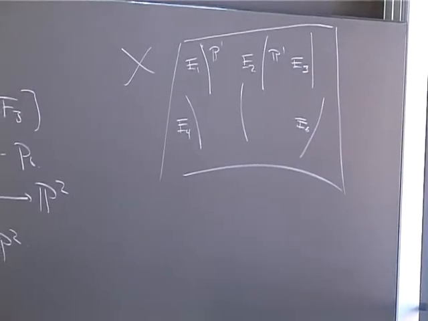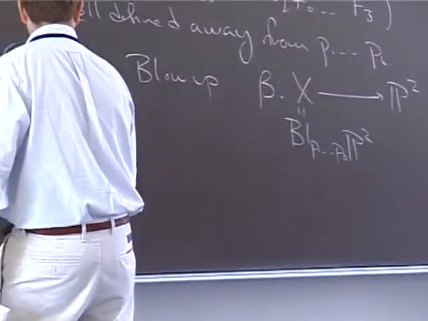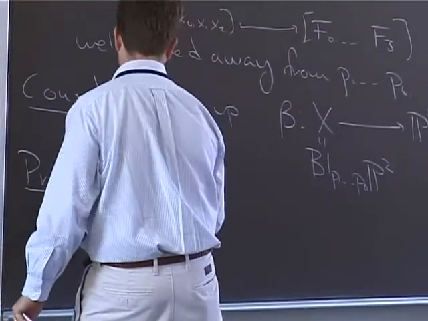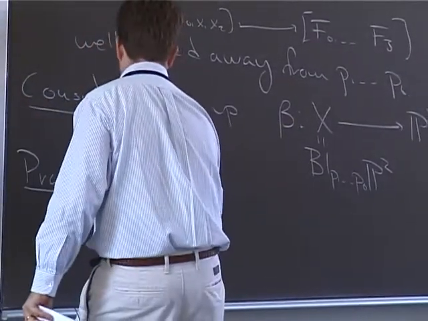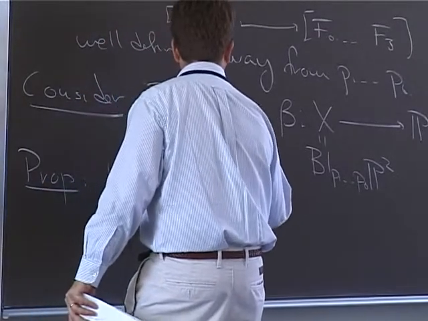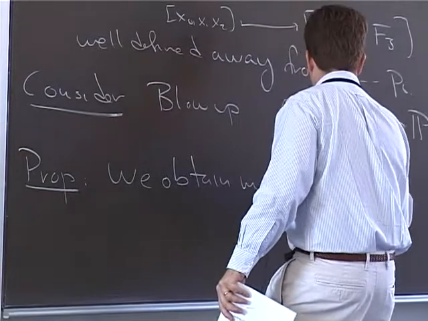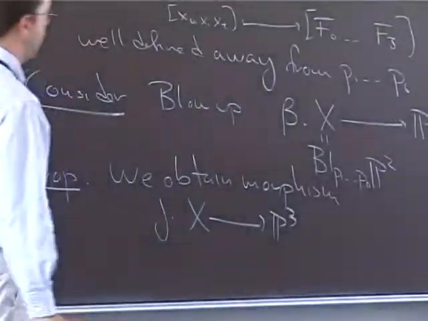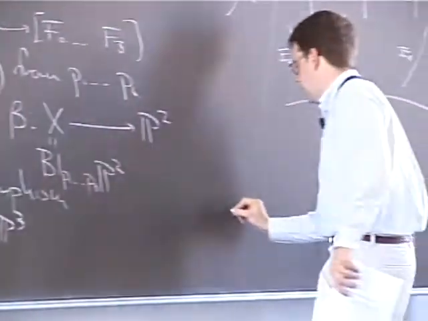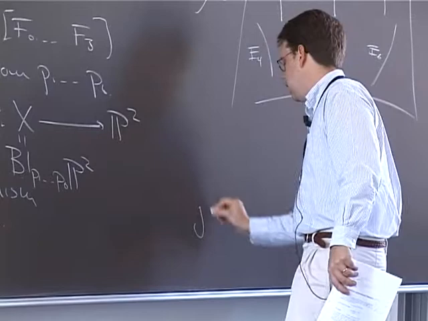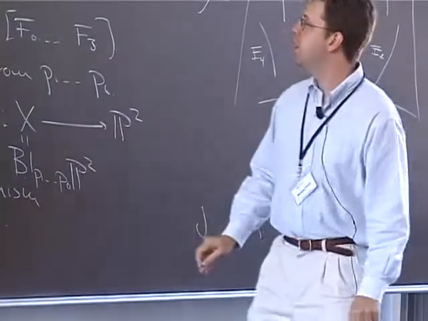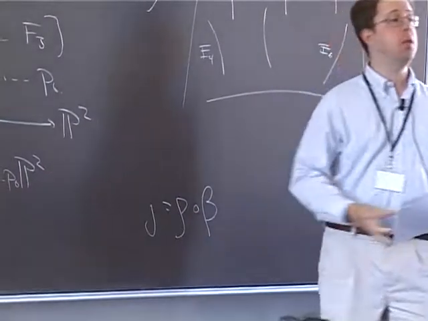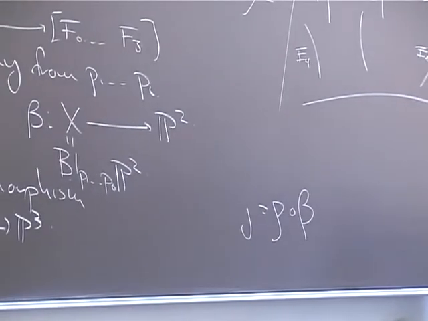Now, here's the basic fact. So after blowing up, we obtain a morphism J from X into P3, so that if I compose beta with the rational map, let me call this rho, this is just equal to J. I've resolved the indeterminacy of the map by eliminating the base points.